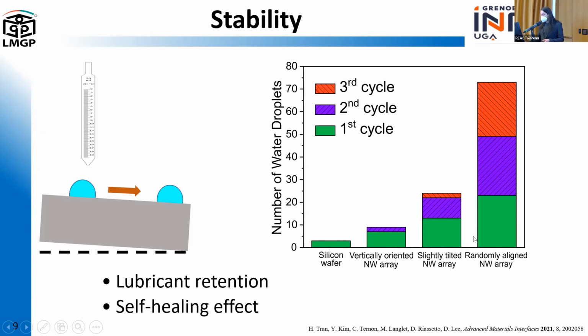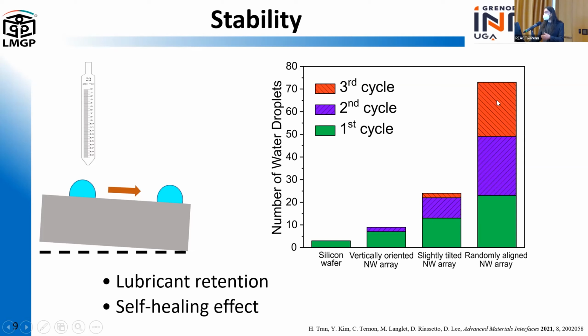It's just 13 in the case of tilted nanowires and just 9 in the case of vertically aligned nanowires. Then we leave our surfaces for 5 minutes, and we start the same experiment at exactly the same position. For the random nanowires, we have exactly the same amount of droplets sliding before stopping. There is a strong decrease for the tilted one and a very strong decrease for the vertical one.